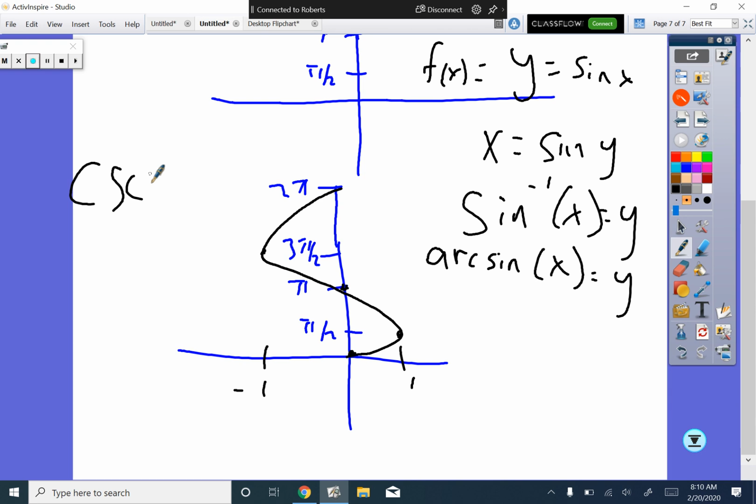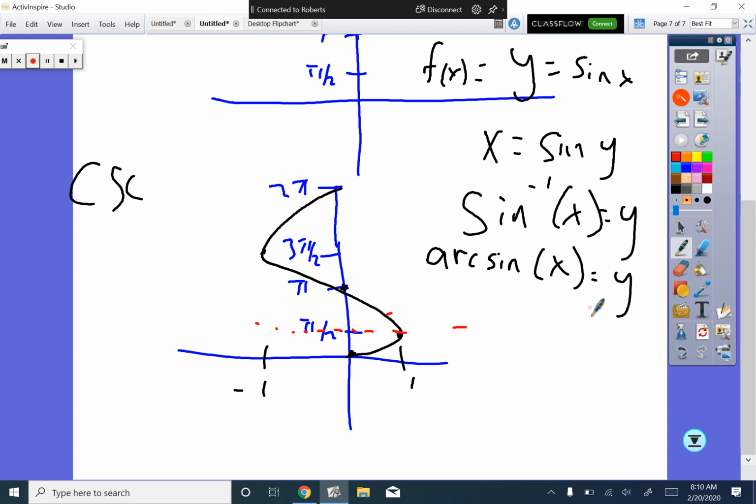Now, if you recall, is this inverse a function? No, because the vertical line test doesn't pass, does it? So where do we start having issues? What value of y do we start having an issue? Right here. As soon as we get past pi halves, we have issues.